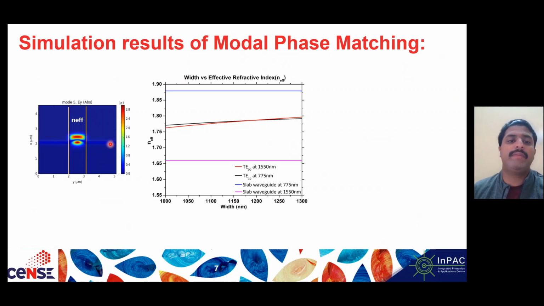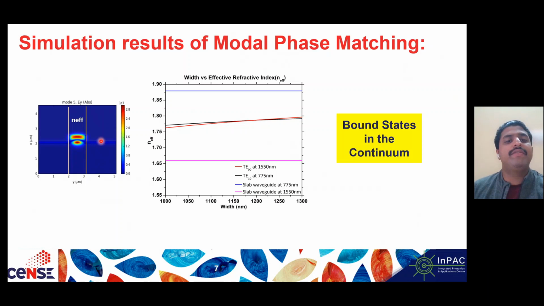But it doesn't have to happen in our case because we use bound states in the continuum, which means that at a particular width and thickness, we can achieve a destructive interference among various loss channels, which will lead to really tight confinement of the mode in the core region with very little leakage.